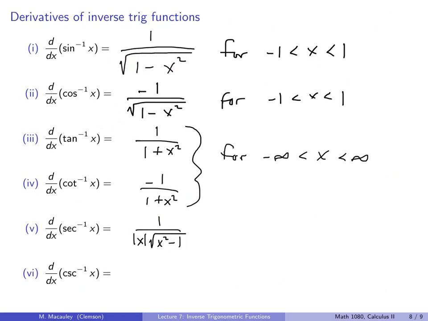And finally, the last inverse trig function, the derivative of arccosecant of x is going to be negative 1 over absolute value of x times root x squared minus 1. It's the negative of this. And both of these are only valid for absolute value of x greater than 1, because now you need this under the square root sign. That has to be positive, so that means that x has to be at least 1 in norm.